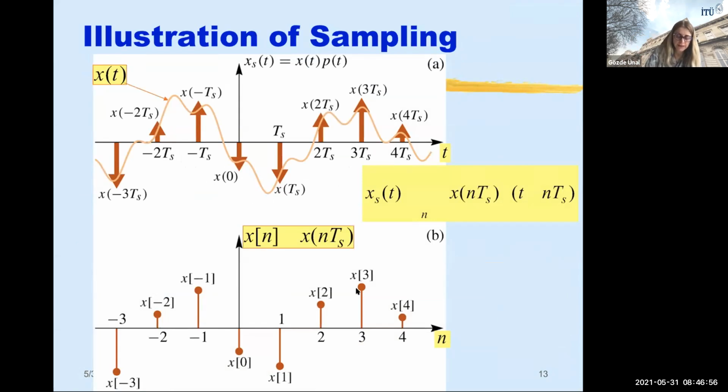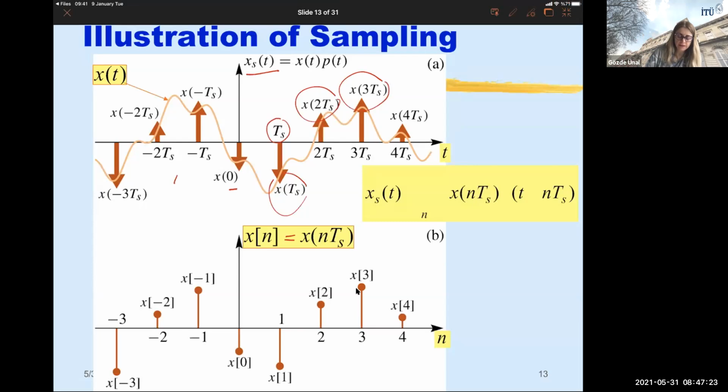So you see at n equals 0, n equals 1, x(T_s), x(2T_s), x(3T_s). You see, currently we are showing this sample signal, which is x_s(t), by weighted impulse functions, right? So mathematically, ideally, we can still represent them in continuous time, but then we go to actually the sequence here, discrete time sequence. So what we are doing now, guys, is studying this in actually Fourier domain.